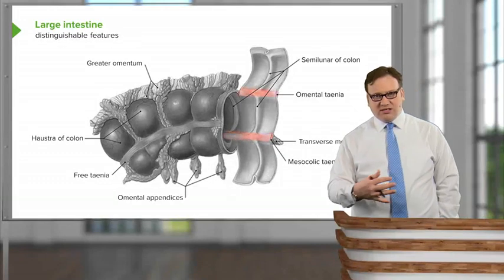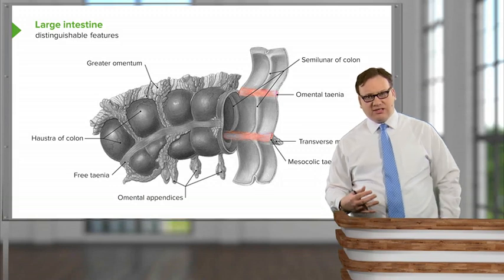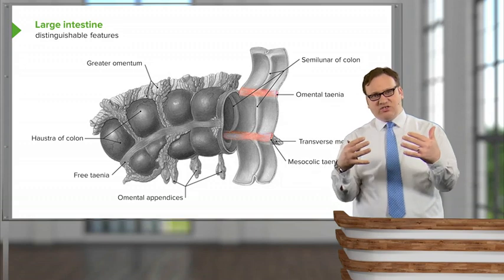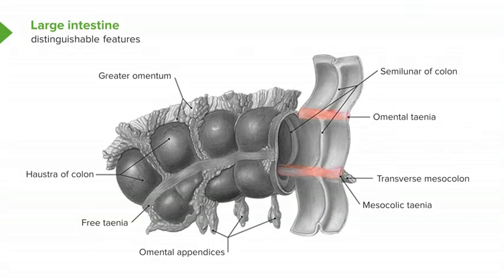So the transverse mesocolon is coming up from the posterior abdominal wall in line with the pancreas, and it passes up towards the transverse colon, and it attaches where this mesocolic tenia is located, this specific band of longitudinal muscle. The greater omentum extends from the omental tenia coli band, and then the final one is this free tenia coli, which doesn't have any omentum or mesocolon attached to it.